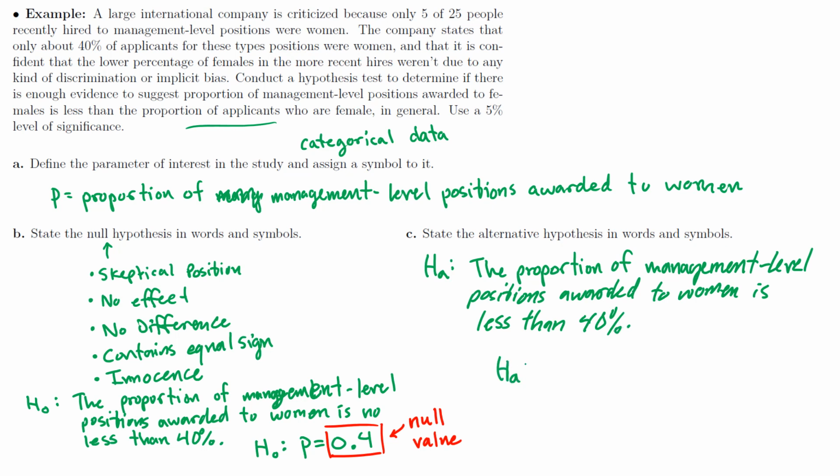So in symbols, this would be that P is actually less than 0.4. The true proportion is less than that 0.4.